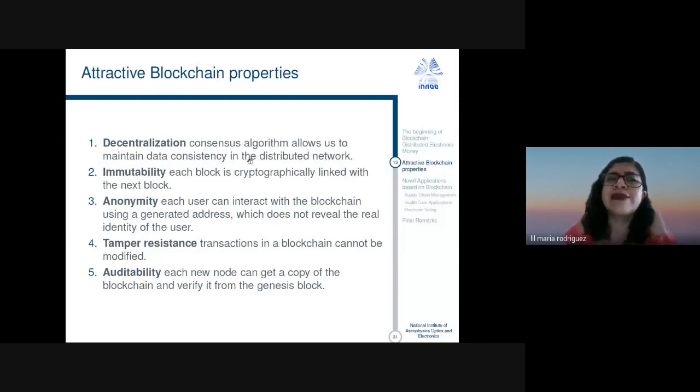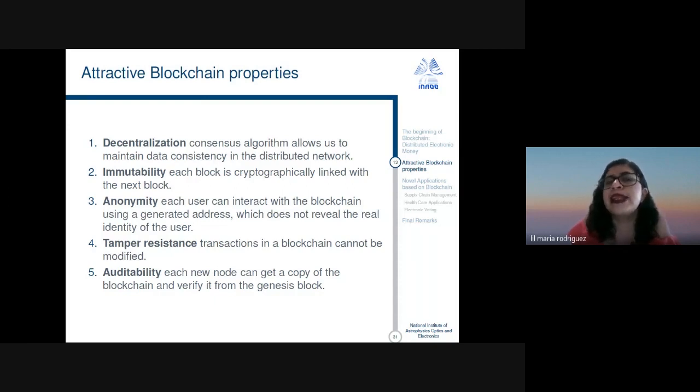So, which are these attractive blockchain properties? Well, first of all, we have decentralization. The idea basically is that we don't need a third entity.